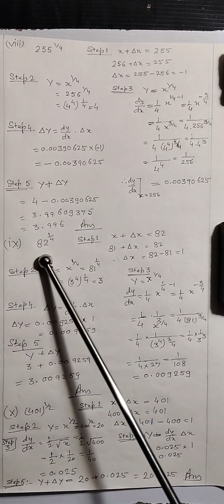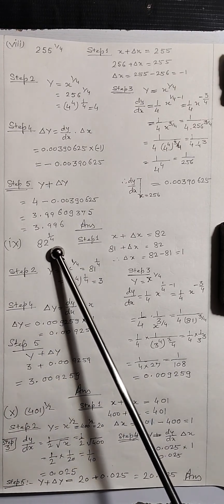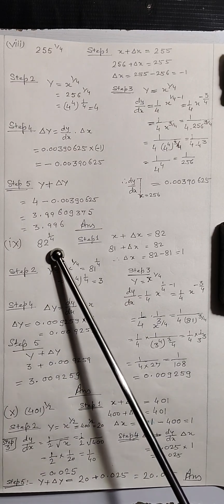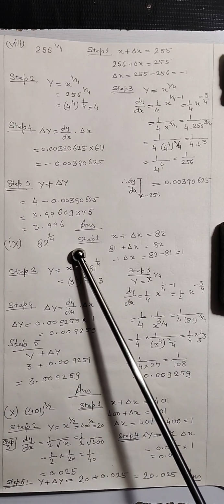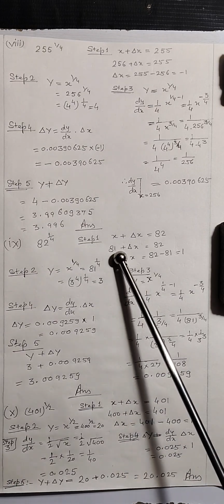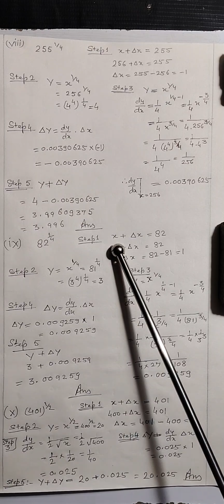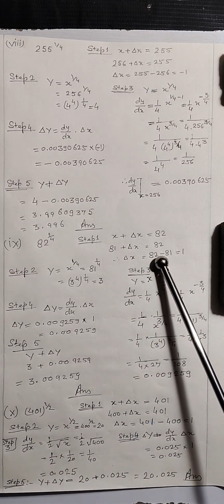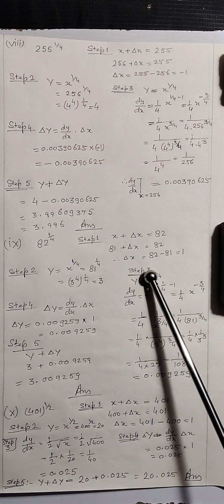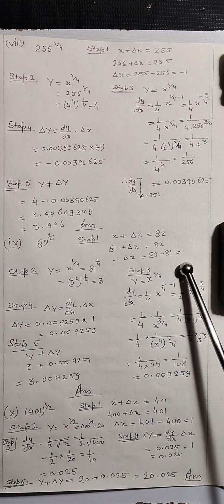Now, ninth part of question number 1, that is 82 raised to power 1 by 4. Now 82 we take near 81. So step 1, that is x plus delta x is equal to 82. So in place of x I have written 81 plus delta x is equal to 82. So delta x will be equal to 82 minus 81, that is equal to 1.